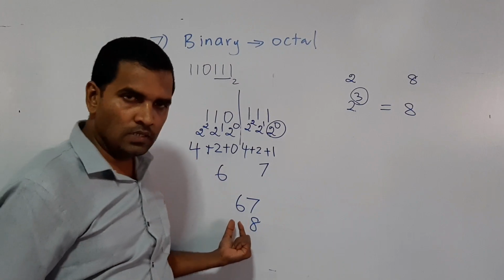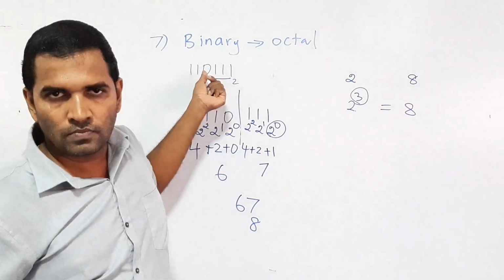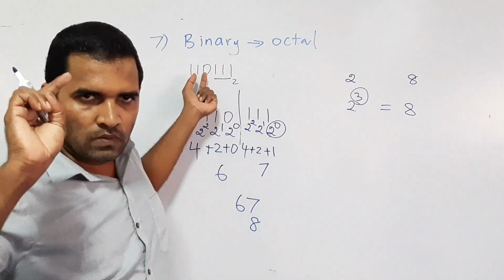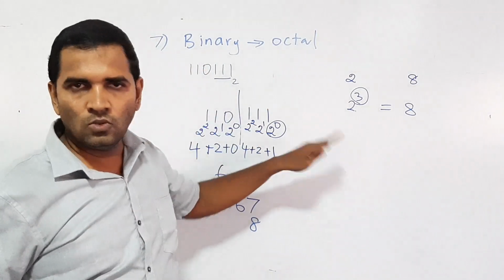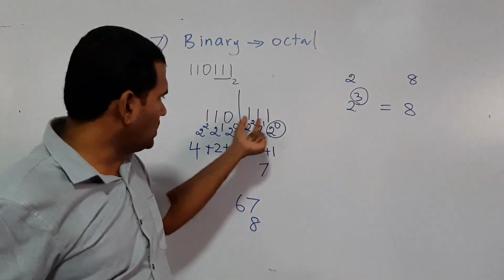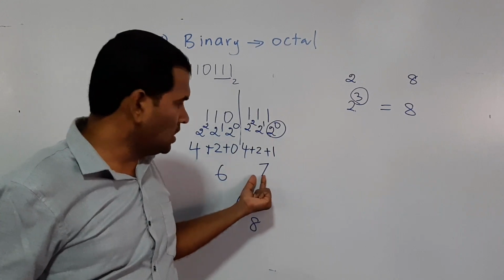The reason for writing both of them together is, look here, this was one number, 1, 1, 0, 1, 1, 1. That one number, that single number, was divided into two halves, two parts. So one part here, the other part there. This part is equal to 6. This part is equal to 7.